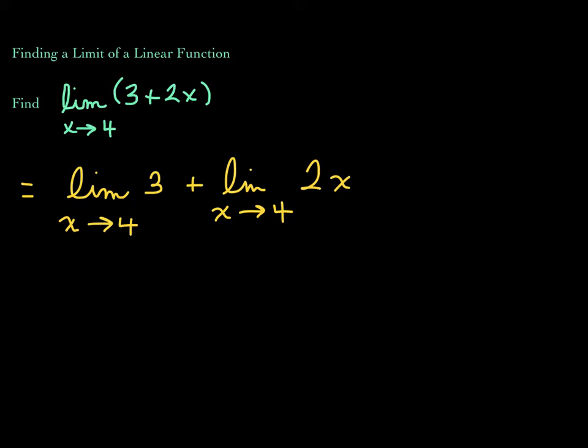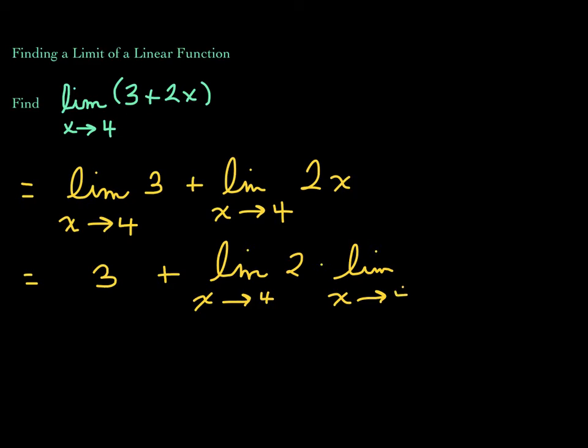Now, notice that this is a constant. The constant rule says that the limit of this constant, which is 3, as x approaches 4, is 3. And then here I can use the product rule to say that this is the limit as x approaches 4 of 2 times the limit as x approaches 4 of x.